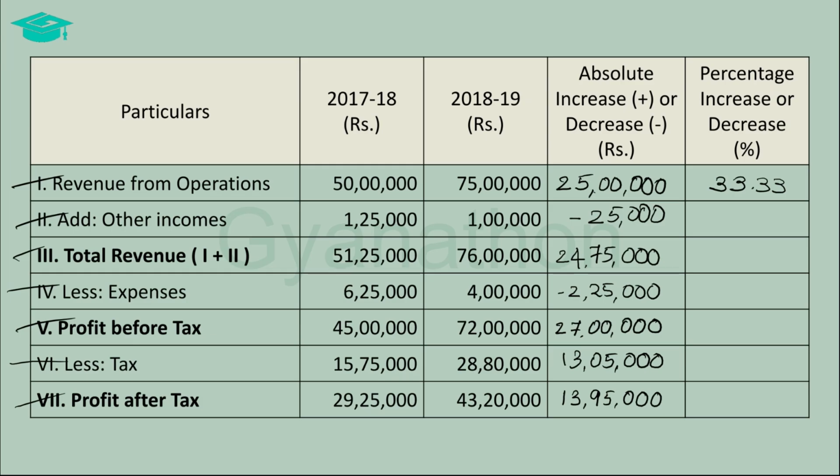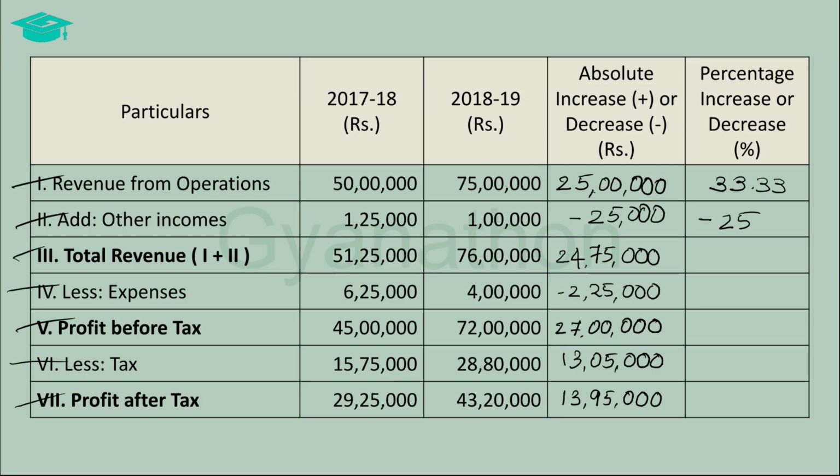The percentage change in other incomes is minus 25,000 divided by 1 lakh multiplied by 100, that is minus 25%. This means that the other incomes have decreased from the year 2017-18 to the year 2018-19 by 25%.